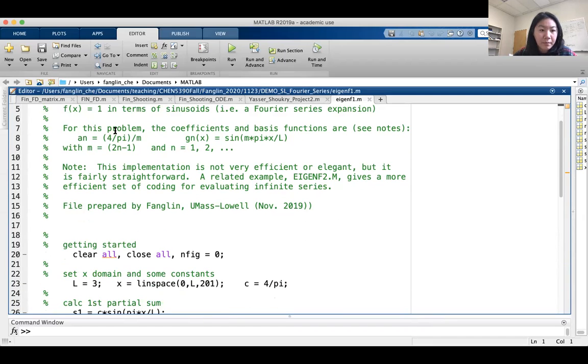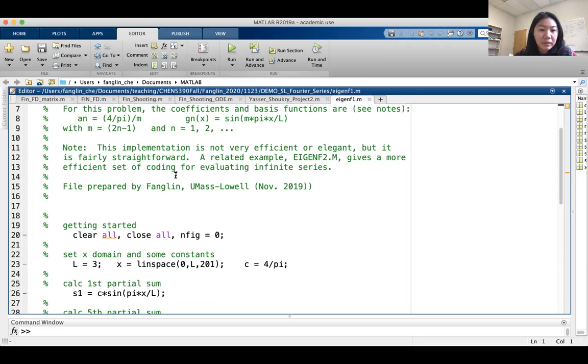For this problem, we already say that Bn equals 4 over n pi, and the orthogonal basis set is sine(n pi x over L), where n is only an odd number, so m equals 2n minus 1 to represent only odd numbers.